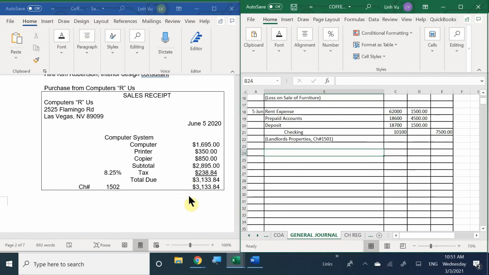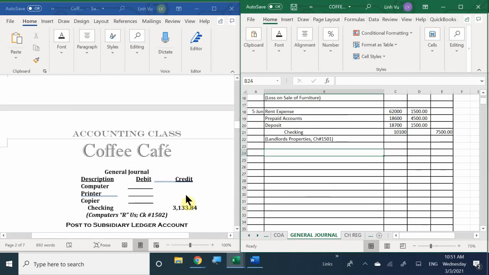How am I going to distribute that to every single item? Any guesses? Any thoughts?